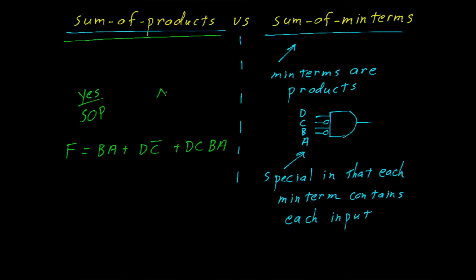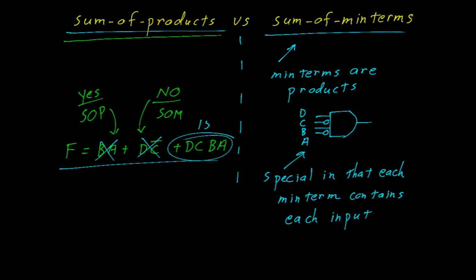But we would say, no, this is not a sum of minterms. The reason this is not a sum of minterms is because this is not a minterm and this is not a minterm. Only this term, number 15, is a minterm.